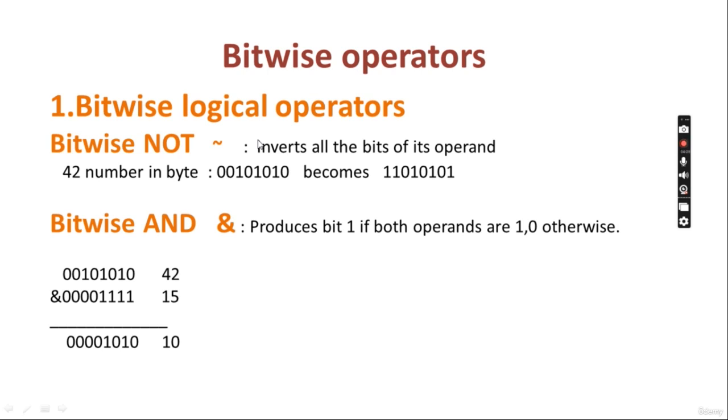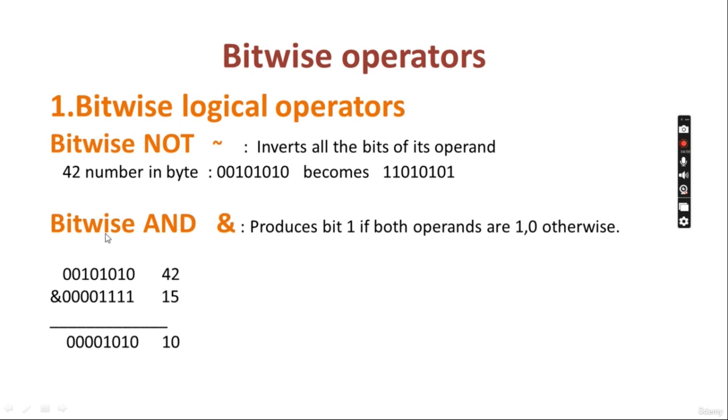Then bitwise AND produces bit 1 if both the operands are 1, and 0 otherwise. When we are performing the AND operation, only when both of the operands are 1 is the output 1, otherwise it is 0. Like 0 and 1 gives 0 because one of the operands is 0.